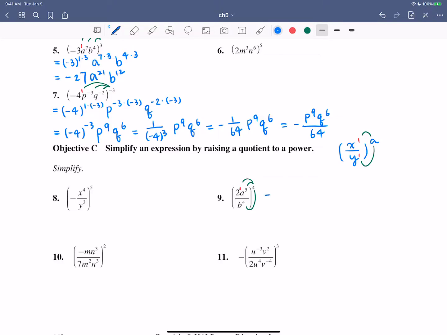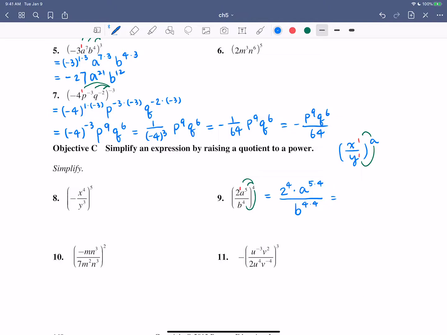Now let's calculate this. On the top, it's 2 raised to the 4th, and then a is the base, raised to the 5 times 4, over b raised to the 4 times 4.